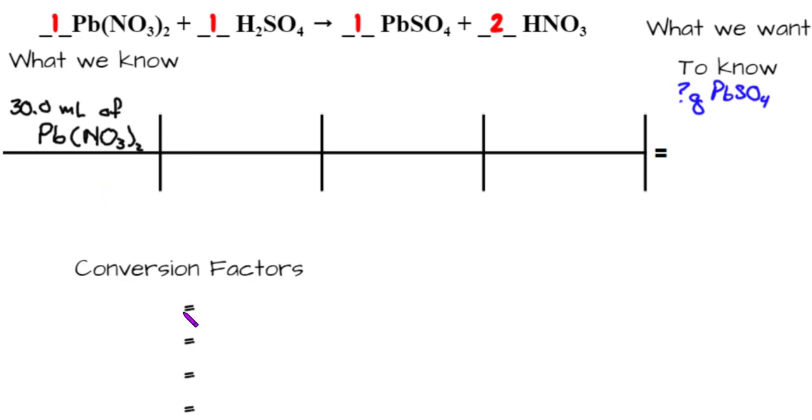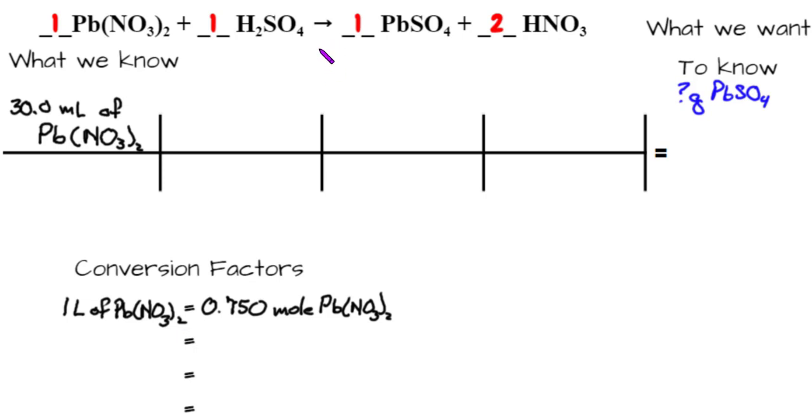And we are also told that it is 0.750 molar. So that's moles of Pb(NO3)2 for every 1 liter of Pb(NO3)2. It's mixed with an excess of sulfuric acid, so I don't need to worry about this.